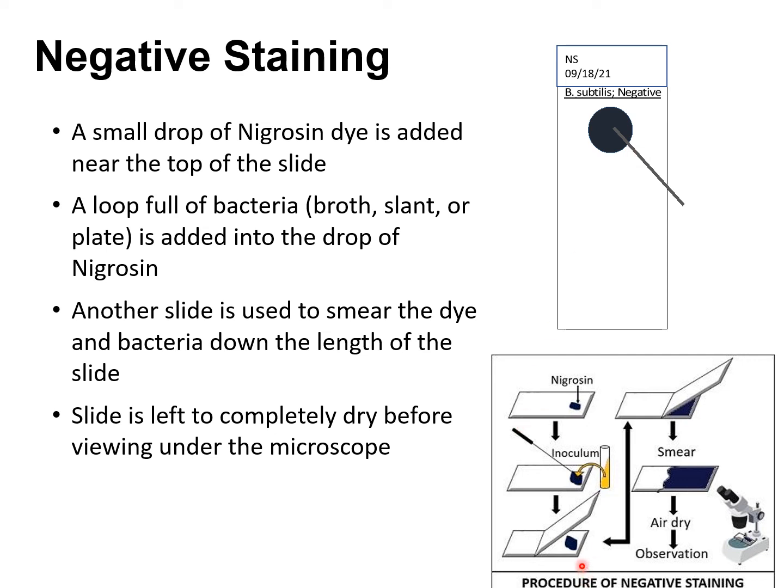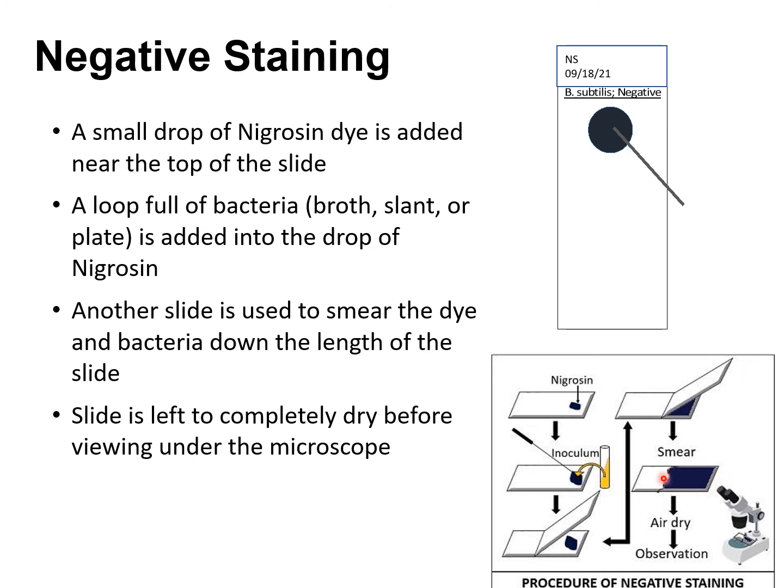We have a different technique where you grab another clean slide. Okay, guys, right here, grab another clean slide, and then you're going to take that slide and smear the dye with your bacteria down the length of your slide, like this. So here I have my initials and everything, and you put your nigrosin with the bacteria right here, and you smear it down the length of your slide.